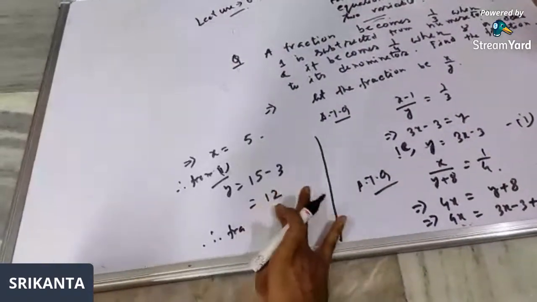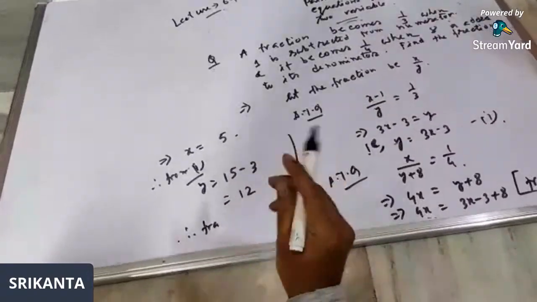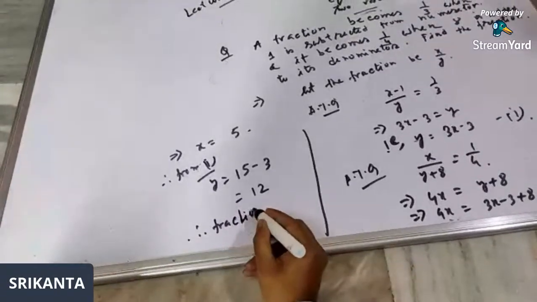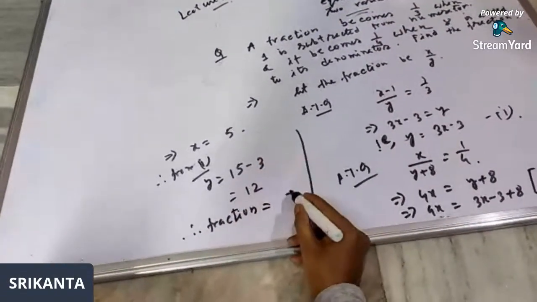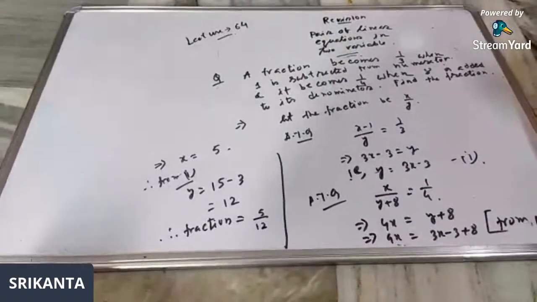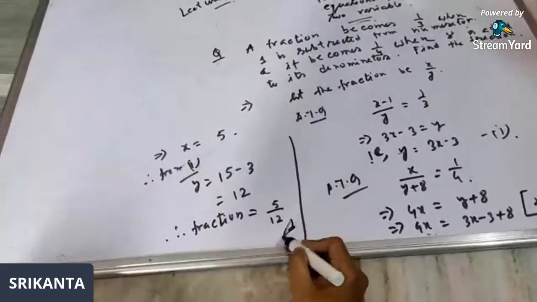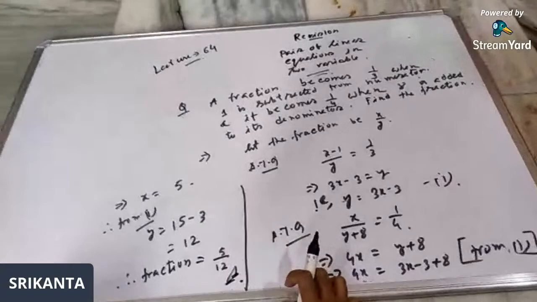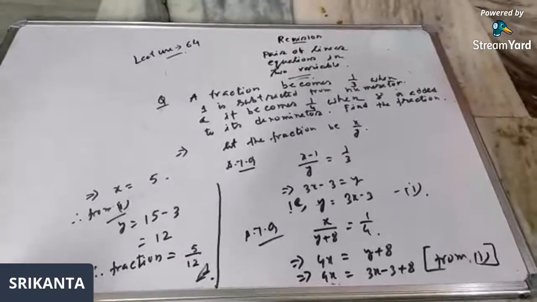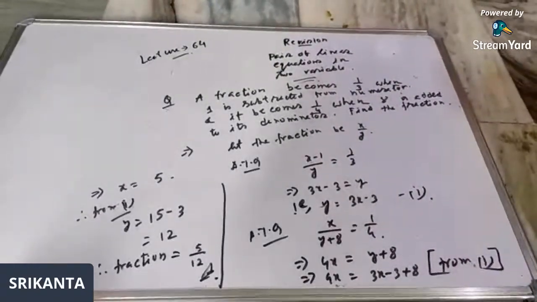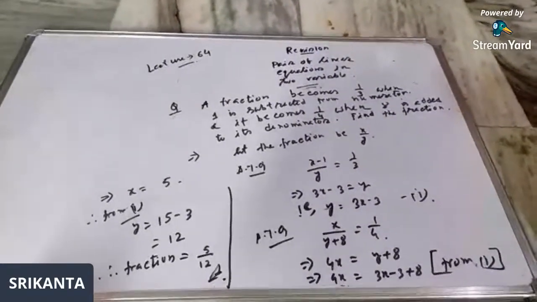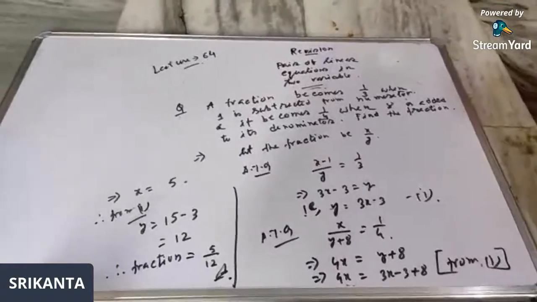Remember, the question doesn't require the value of x and y individually, right? It requires the fraction. The fraction will become 5 by 12. Right? Understood? This is your answer. Tell me, students, if you have any questions. Clear?